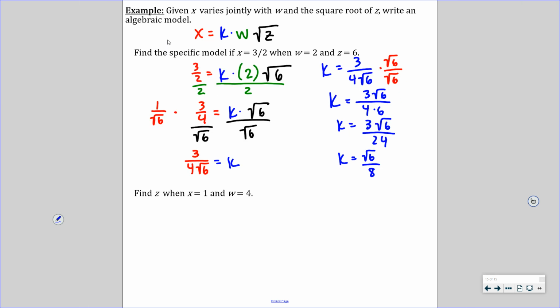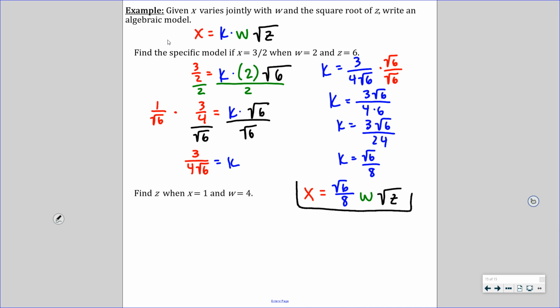Okay, so let's write our specific model now. Our specific model would be x equals square root of 6 over 8 times w times the square root of z. And a very common mistake in these problems is people want to plug these numbers into the specific model.